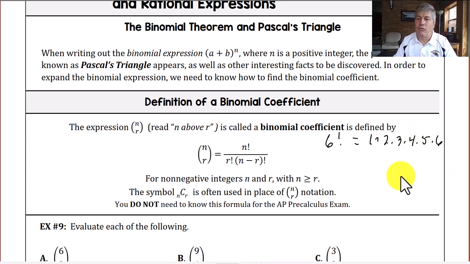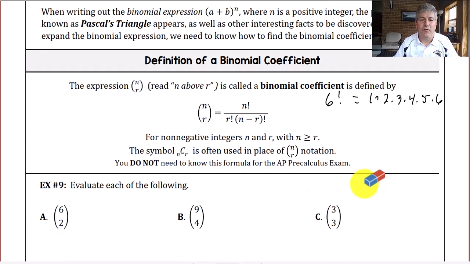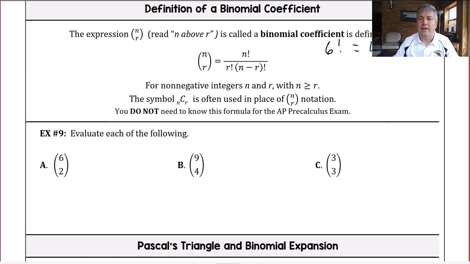When you get your grade, if you get a really good score on a test, say you get 56 out of 56, I'm not going to say, hey, great job, 56, and put an exclamation point next to it, because that would be 56 factorial, and I don't want to mislead you on how great of a grade you got there. So let's take a look at some samples, and we'll evaluate each of these.